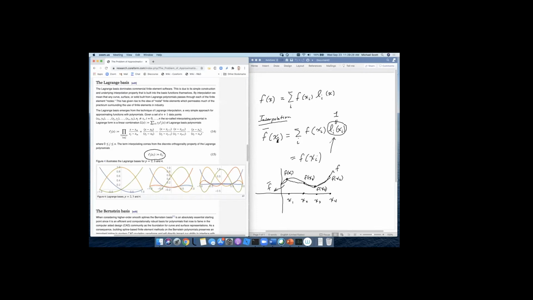And this idea here, for those of you who use finite elements a lot, this is the classical notion of what we call nodal finite elements. We always assume that the solution interpolates the geometry at certain points, the nodes.